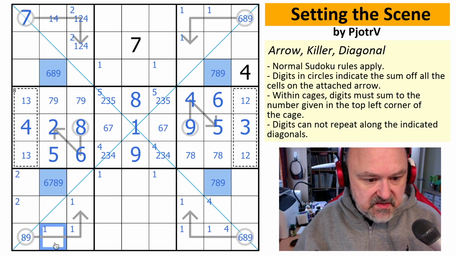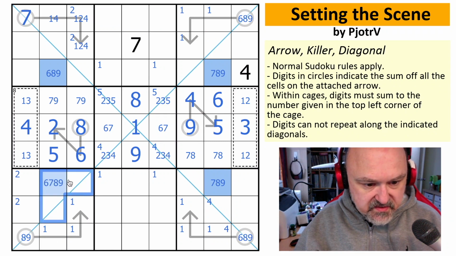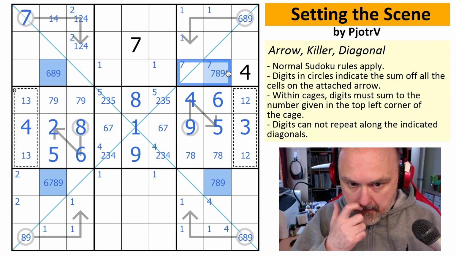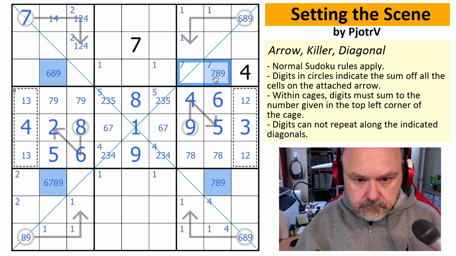7 has to go in here. Can't go on the arrow, so 7 is in one of those 3. Seven is in one of those 2. Because of those 7s and that 4.